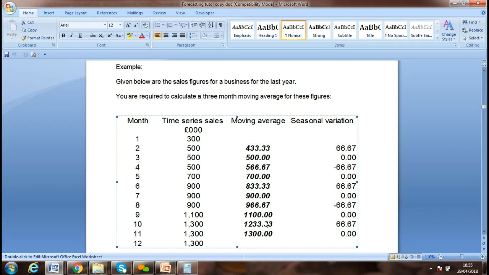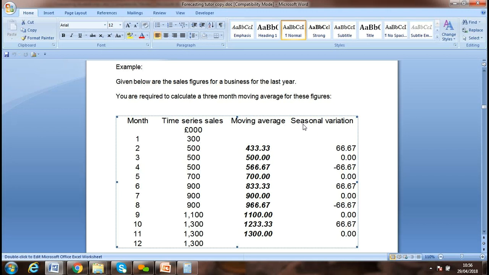Okay, so now I'm looking at the seasonal variation. 500 minus 433.3, so what is the variation there? 66.67. When we go through year 3, what is the seasonal variation there? 0.